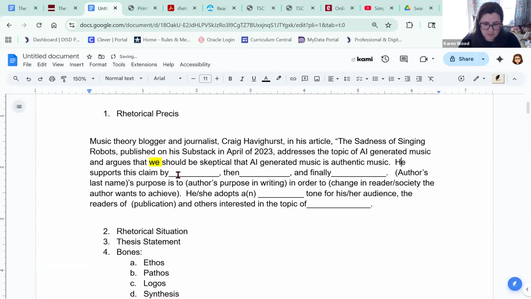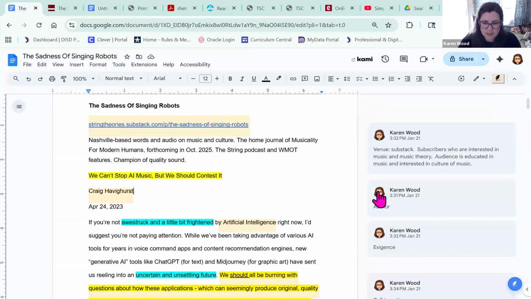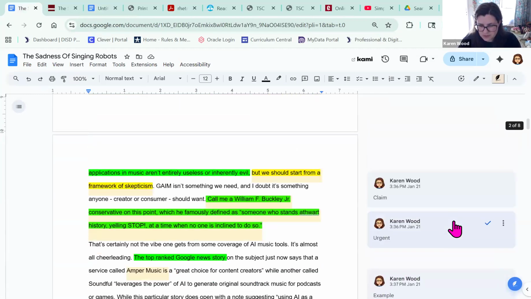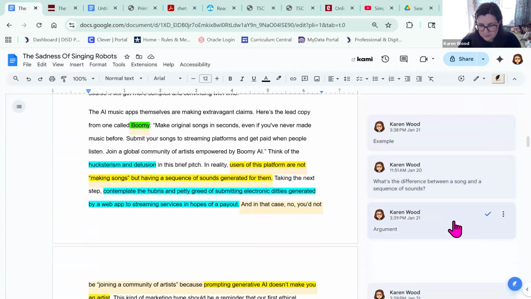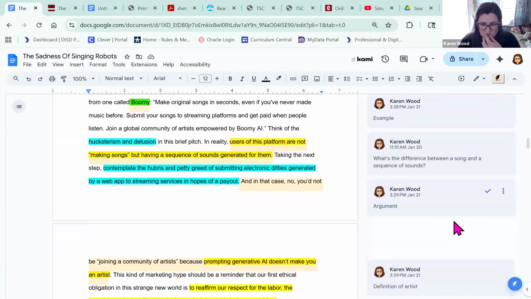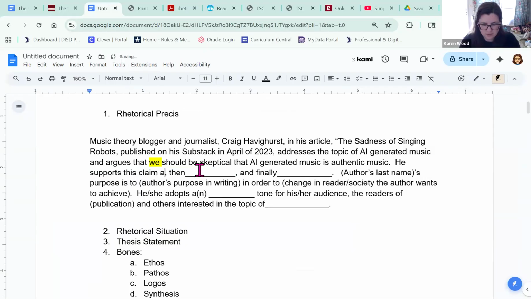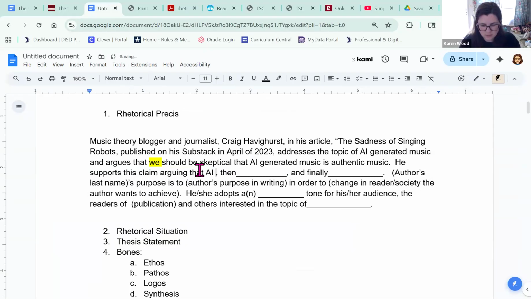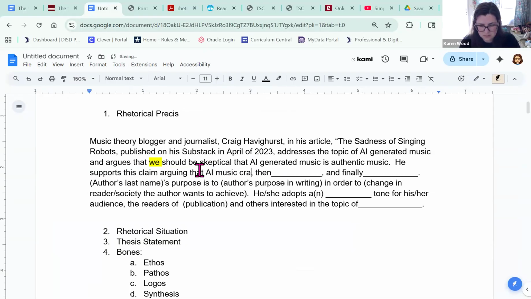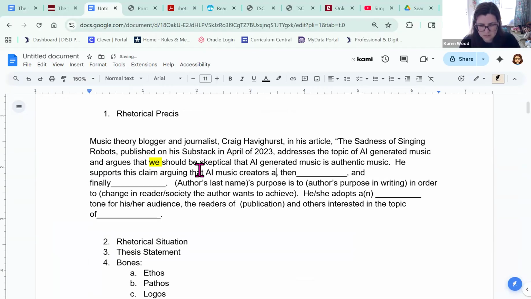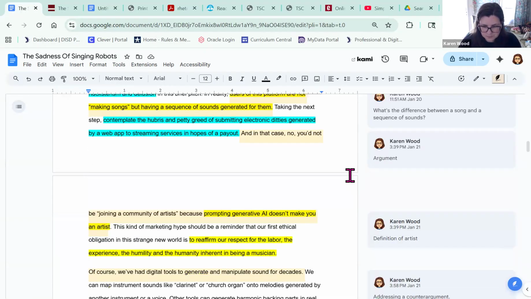He supports his claim by, and then I'm going to go back and look at some of these signposts that I put in here. Okay, so number one, I see that he's saying that AI music creators are not artists. And then what does he do?